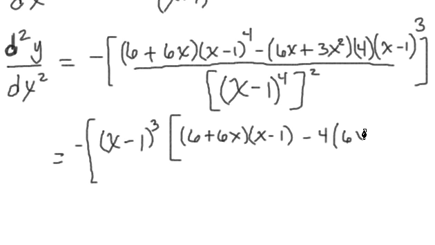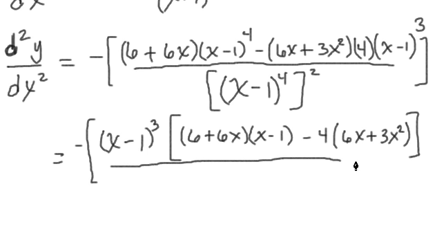And we got 6x plus 3x squared. No, pulled all 3 of those out. Okay, and we'll just do that. How's that? And that's all over x minus 1, multiplying exponents, that would be 8. And now we can do some canceling here.